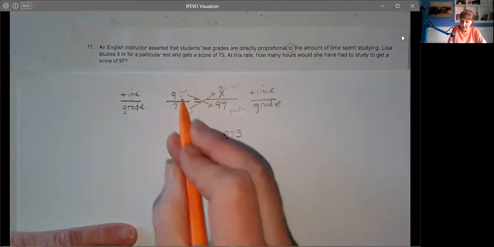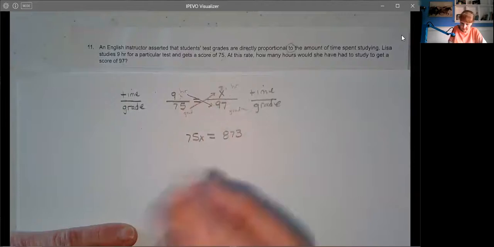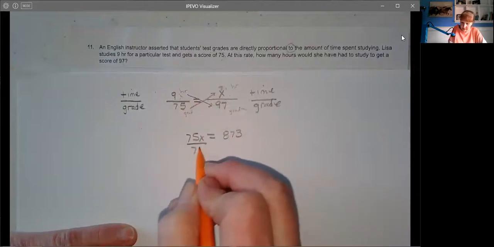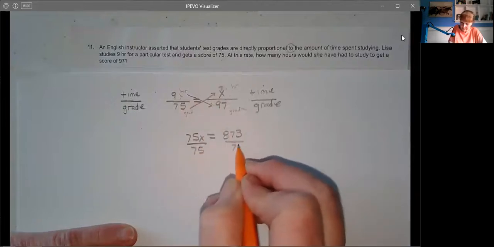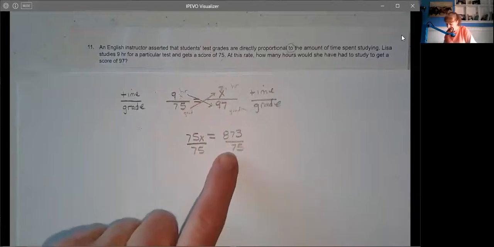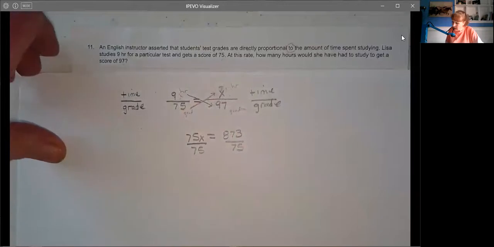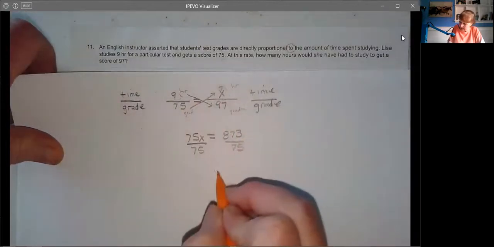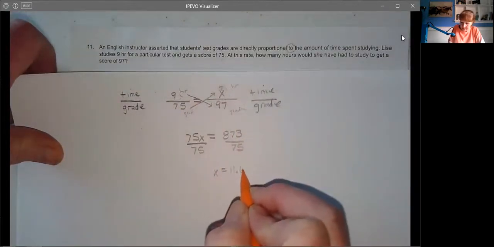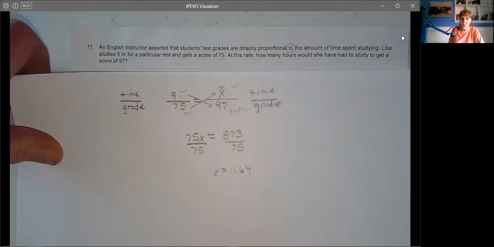If I didn't have a calculator, I would just leave them apart, but that's okay. Divide by 75. How many hours is she going to have to study to get a 97? All right, now for this, I get 11.64.